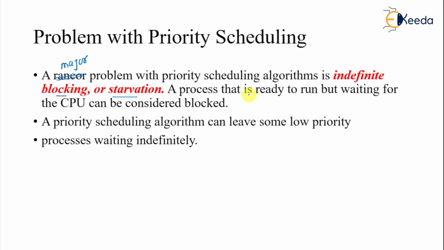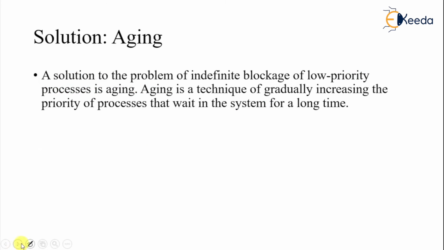A process that is ready to run is waiting for the CPU, but is considered blocked because of a lower priority. So priority scheduling can leave some low priority jobs, and a process may be waiting indefinitely. That is one issue with priority, and I already told you what to do. The solution is aging.